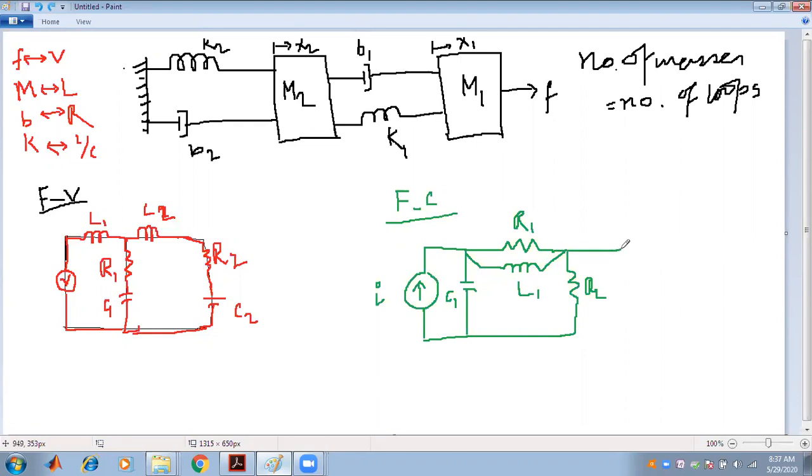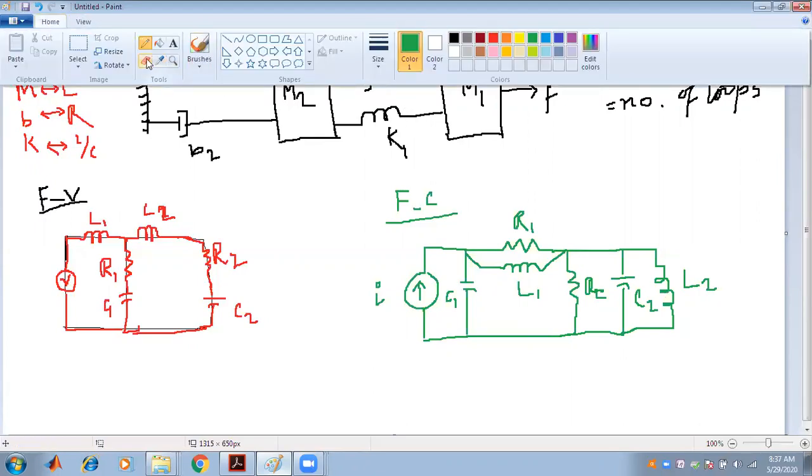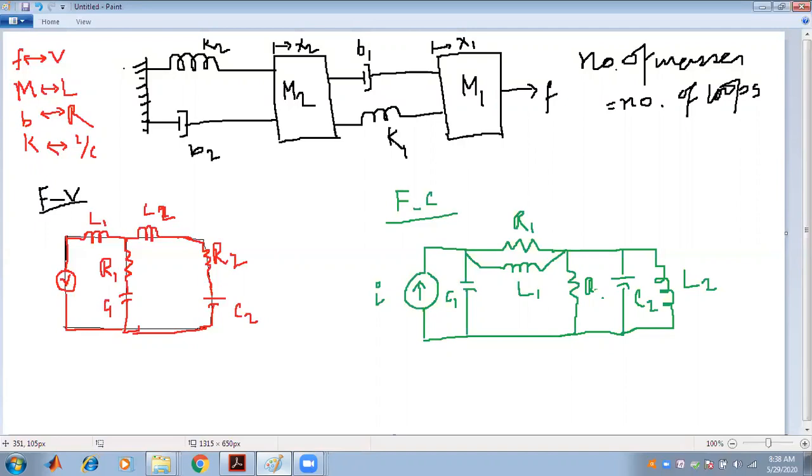L2 became the capacitor C2, and C2 became the inductor L. So this is the way we can easily make the voltage source equivalent to a current source, and make an electrical equivalent of a mechanical system.